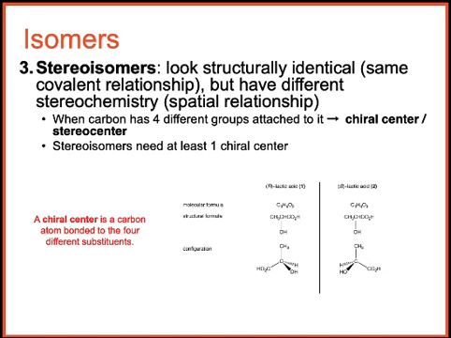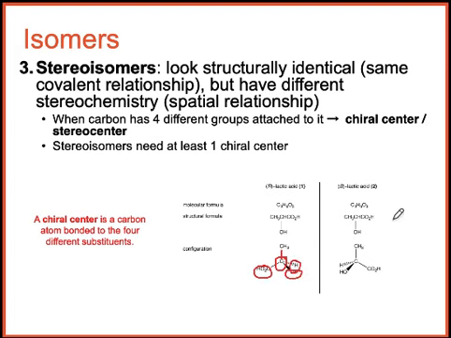Stereoisomers need at least one of these chiral centers, but we're just going to learn how to identify them. So look here. This carbon is attached to a methyl, a CH3. It's attached to a hydroxyl, OH, and a hydrogen.